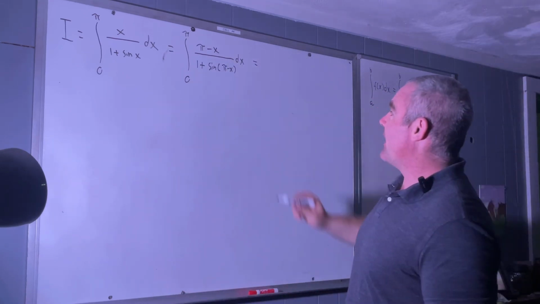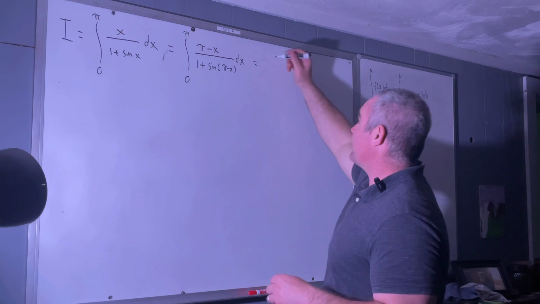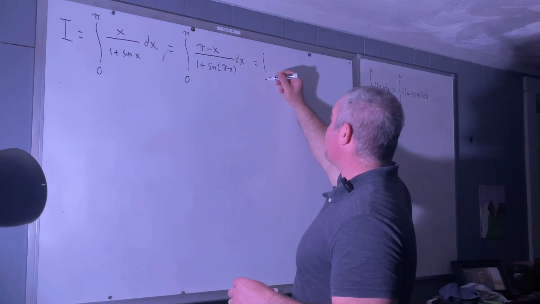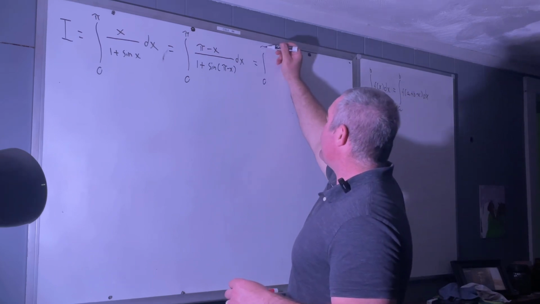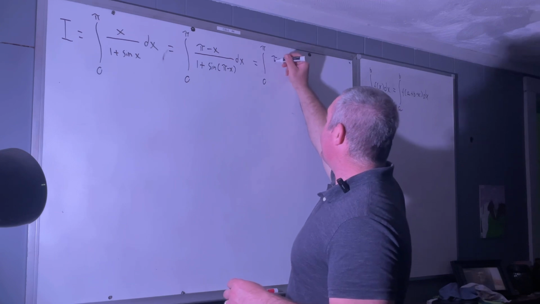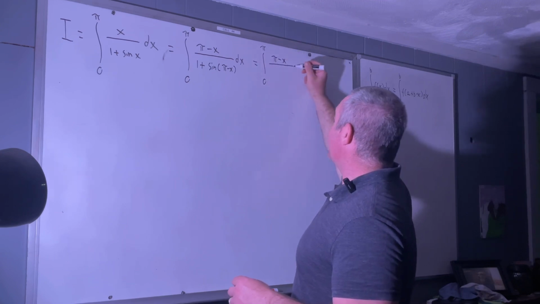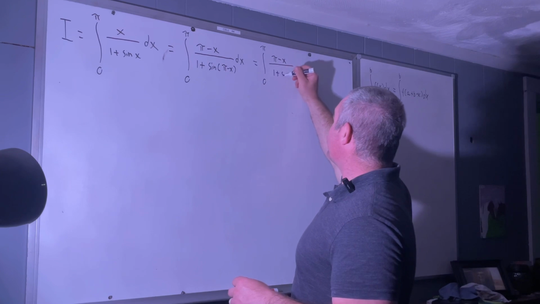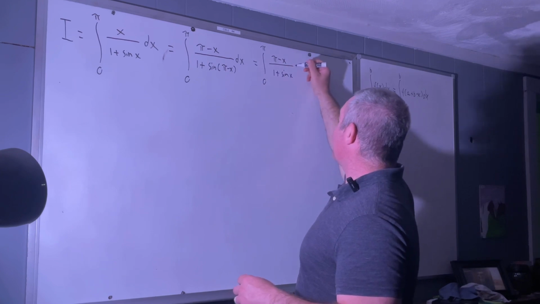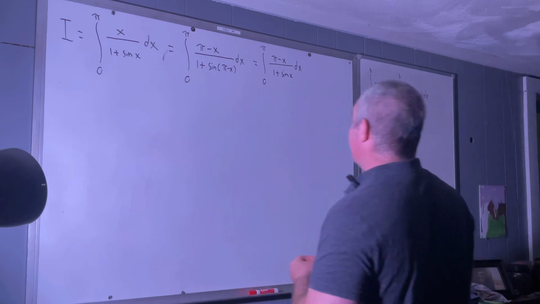And sine of pi minus x is simply equal to sine x. So this whole thing is equal to the integral from 0 to pi of pi minus x over 1 plus sine x dx.